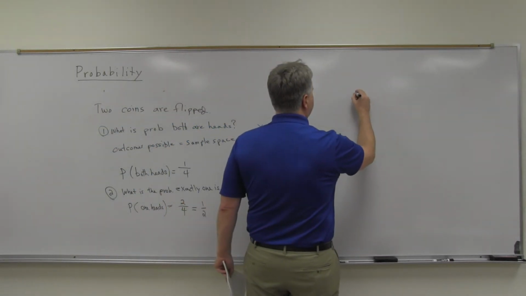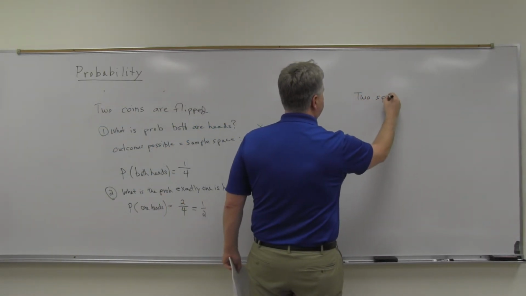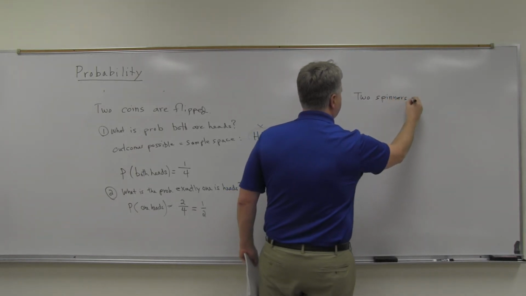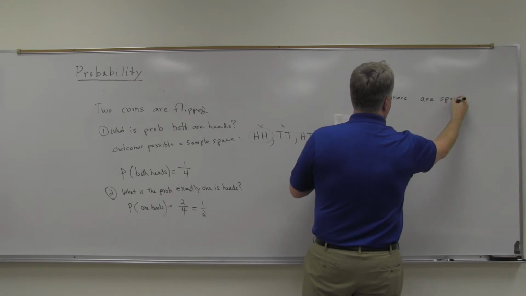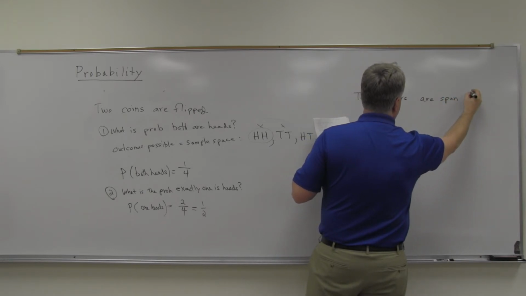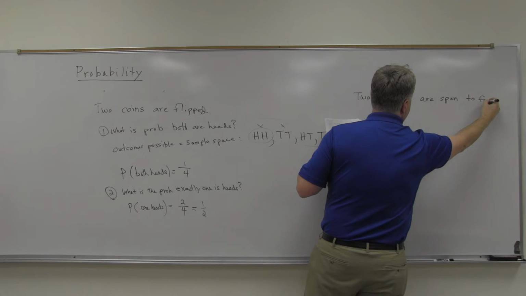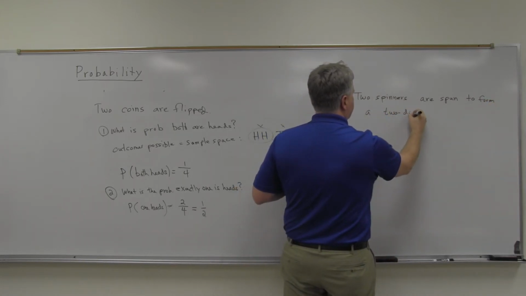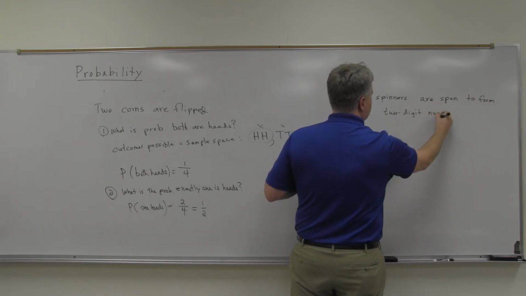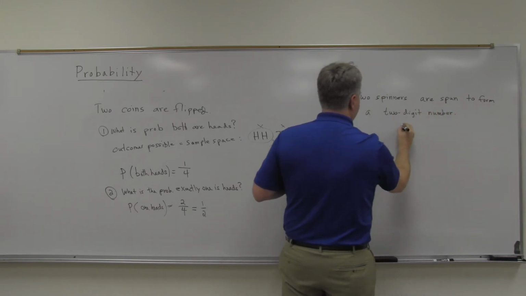Let's say I've got 2 spinners to form a 2-digit number. And here they are.